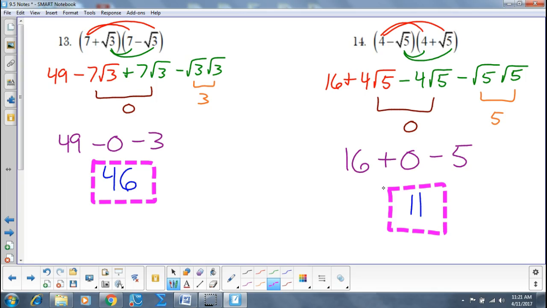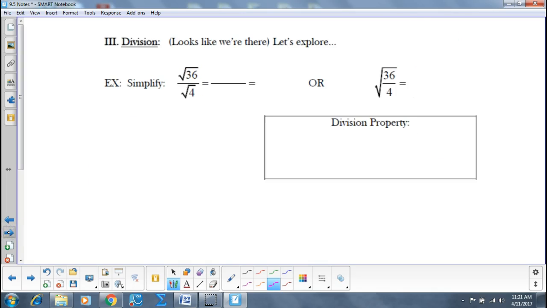Conjugates! Yeah, we call them conjugates. Okay? Conjugates made the imaginary part go away. Conjugates make the radicals go away. Okay? And we'll use more of those tomorrow.